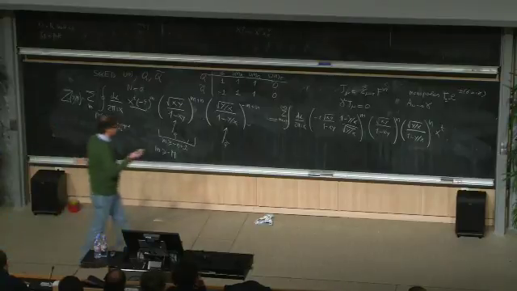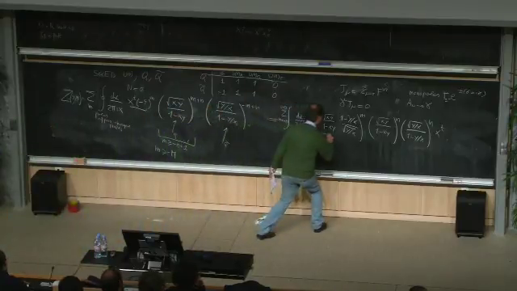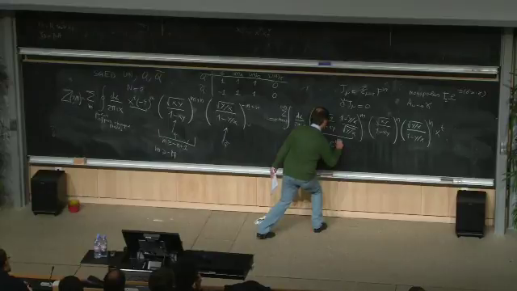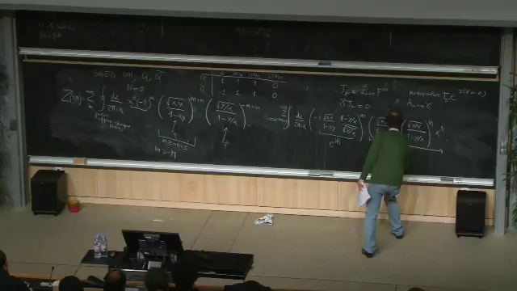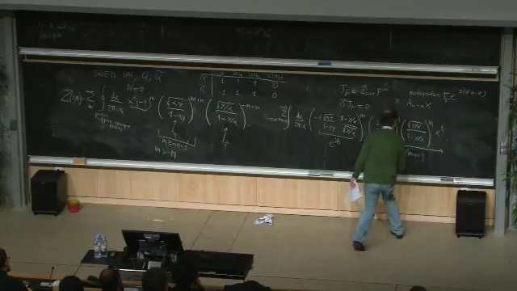Let me call this expression with a name, e to the iB. And this expression is what remains of the path integral when I set m equal to 0. Okay?